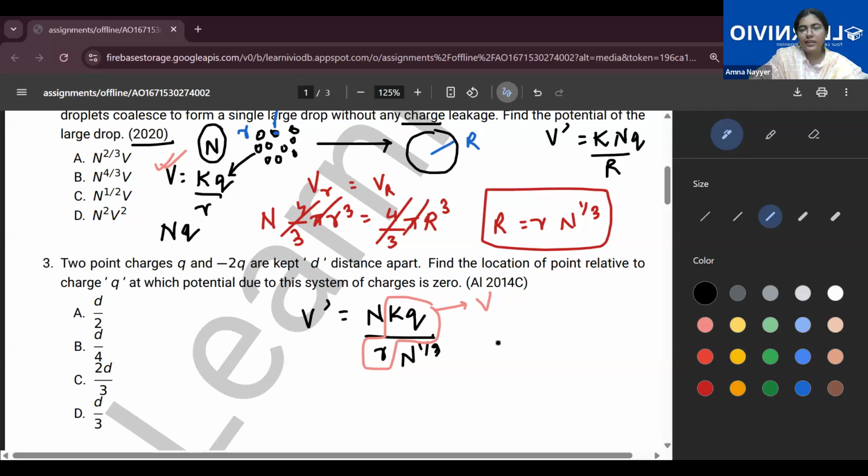So if n goes up here, this will be n to the power 1, this will be n to the power minus 1 by 3 into V. So V dash will be, bases are same, powers get added up, 3 minus 1, 2 by 3. So n to the power 2 by 3 into potential. Clear?